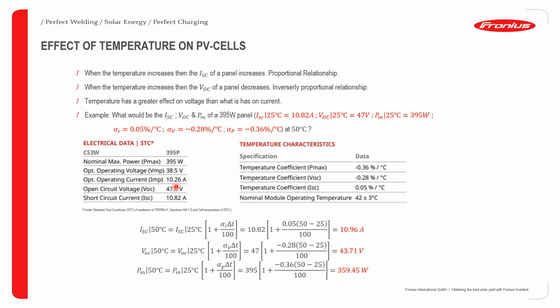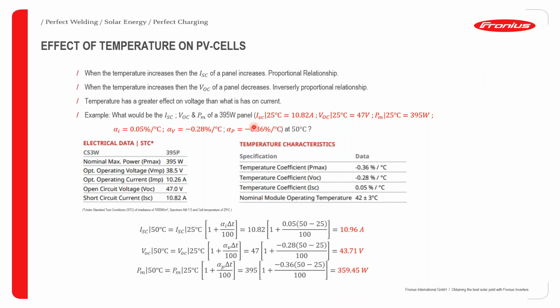For the voltage, it was 47 volts, but here we have 43.71. So this automatically proves to us that temperature increase has a greater effect on the voltage than it has on the current. And the same happens also to the wattage.